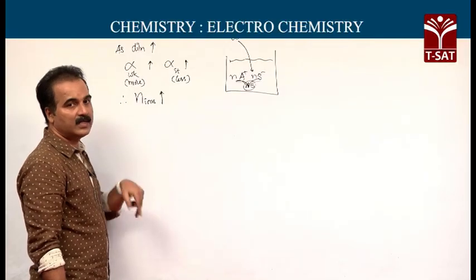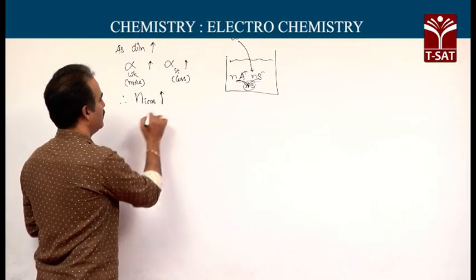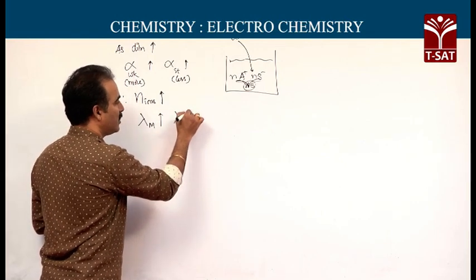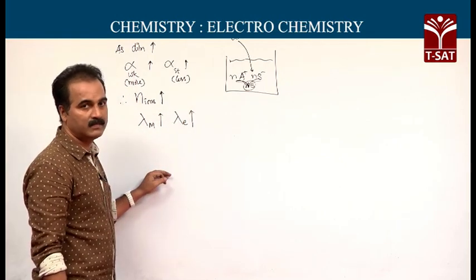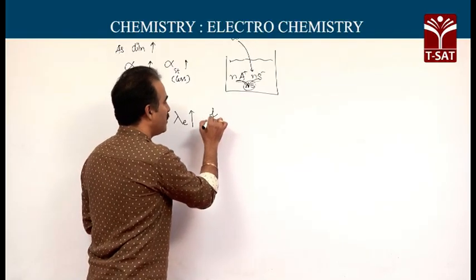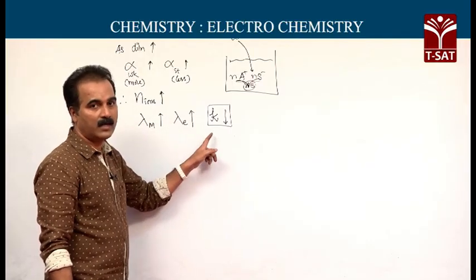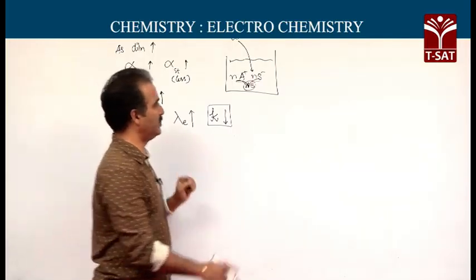As the number of ions increases, molar conductance increases. If it is equivalent conductance we are measuring, that also increases, but specific conductance decreases. What is specific conductance? It is the conductance per cc of solution, 1 cc.